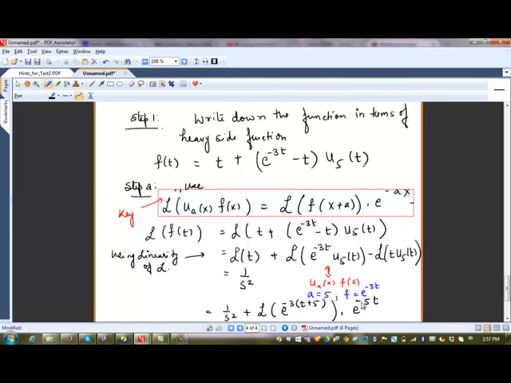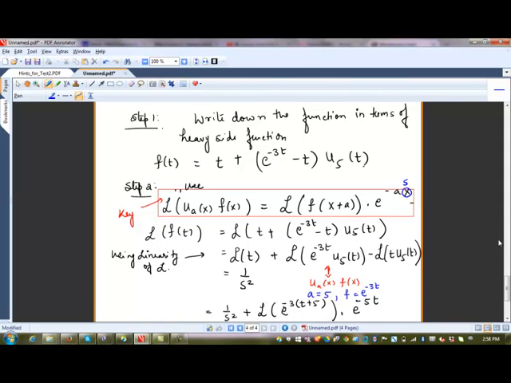By the way, I think there is one small thing here. Let me make a small correction. This should be your s. This should be your s here in this formula.